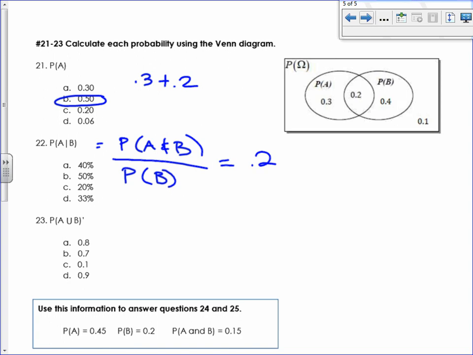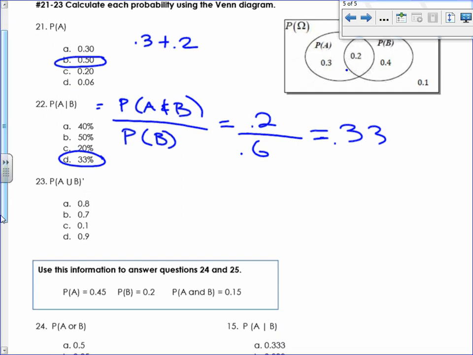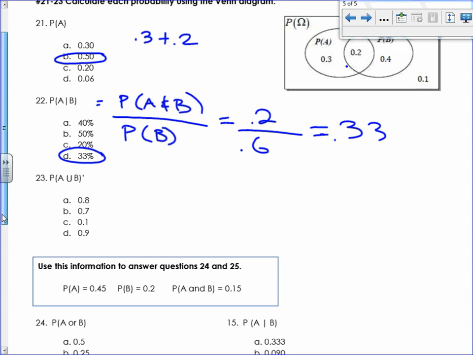A and B, the part in the middle, and the probability of B. Be careful. 0.6. Remember, B is all of that. You have to add those together. All right, so 0.2 divided by 0.6 is going to be 0.33. All right, so on this test, it's D. On the other test, number 22 is B, as in boy.